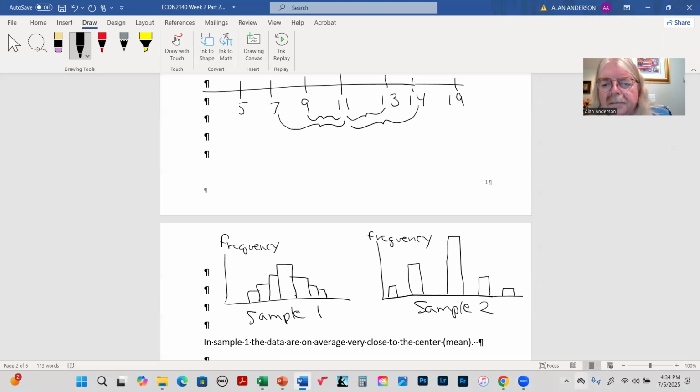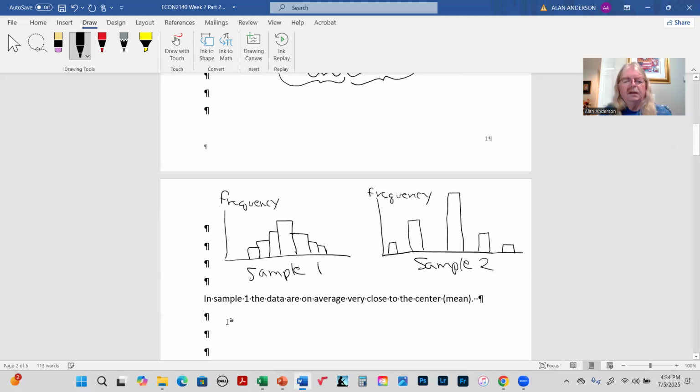How about sample two? Okay. In sample two, the data are much more spread out.